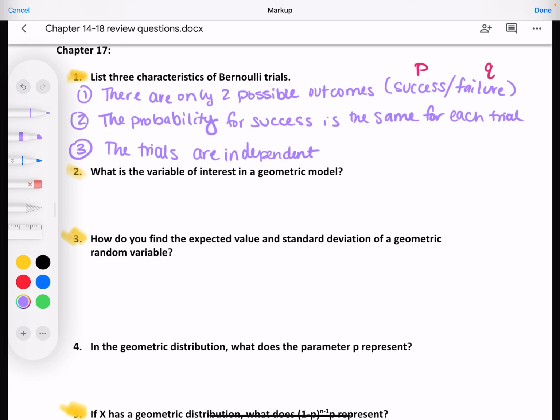I think you're on the right track, but it's more specific. When I'm looking for the number of observations until what? Success. Okay, the first success. So it's the number of observations until the first success.